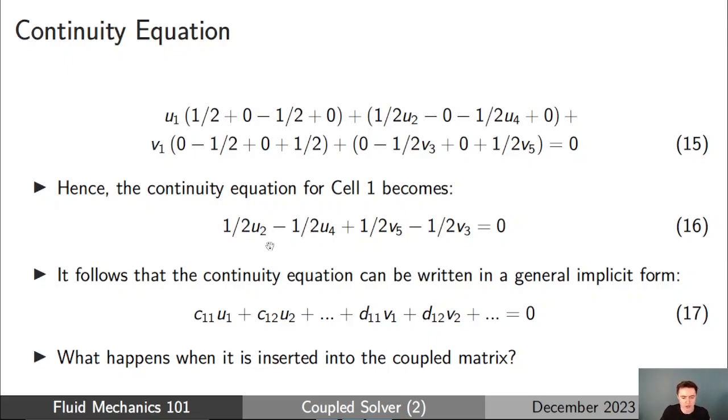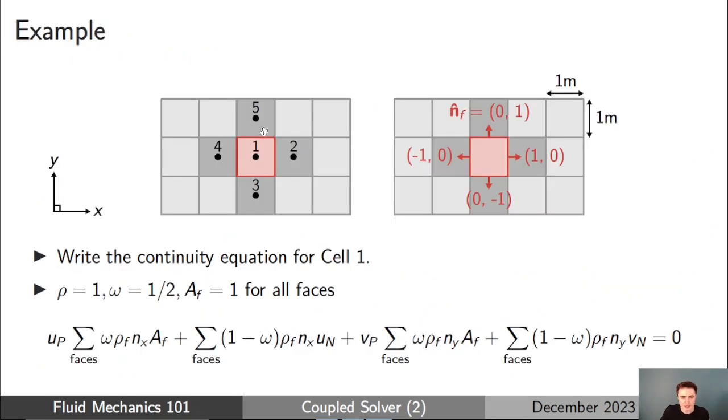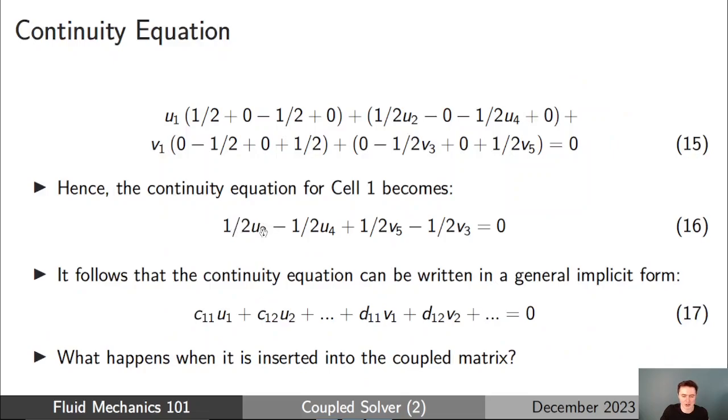We've got a half U2 minus a half U4 plus a half V5 minus a half V3 is equal to 0. And of course, a simple solution to this is that if U4 is equal to U2 and V3 is equal to V5, the mass coming in across these faces will be equal to the mass going out across those faces. So this does still represent the continuity equation, conservation of mass, as we can see.